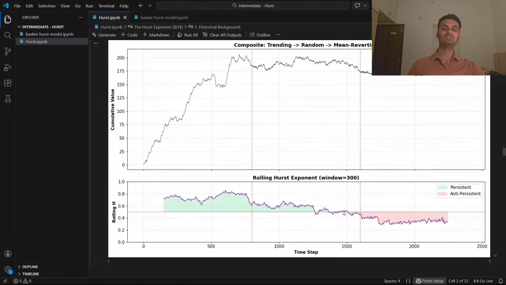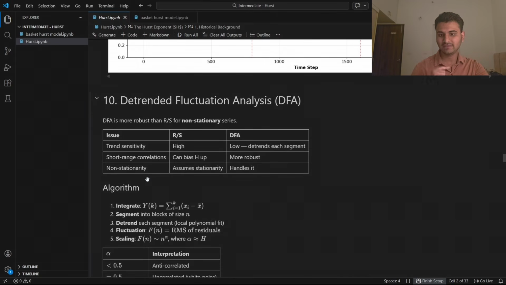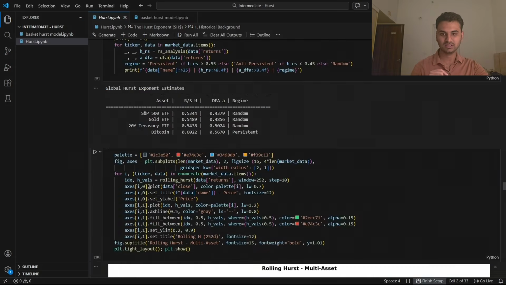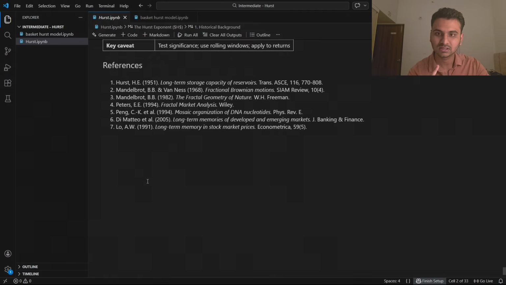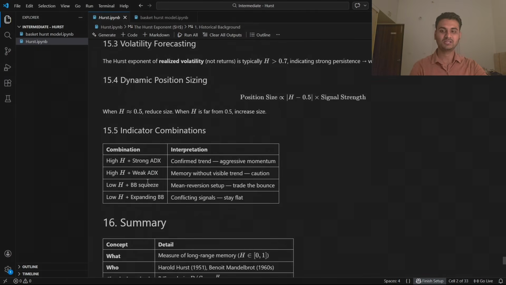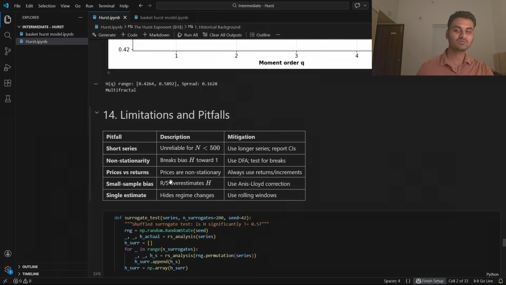Now talking about detrended fluctuation analysis. Let me show you why we use it. It's at the bottom, in the limitations and pitfalls part. We use DFA, and test for breaks and for non-stationarity.